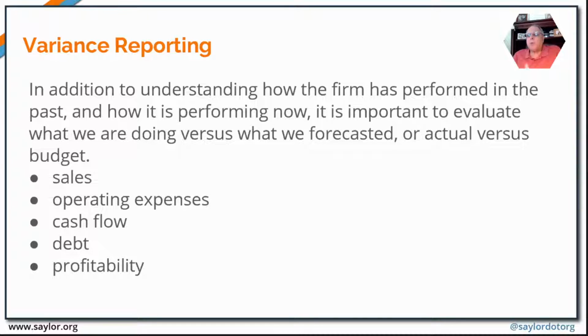What happened where we generated more revenue than we had forecasted or budgeted? This isn't a bad news story, but it does raise the question. Was our original forecast too low? And should we look to go forward and increase the sales forecast going forward? Or is this a one period issue that we don't expect to occur?